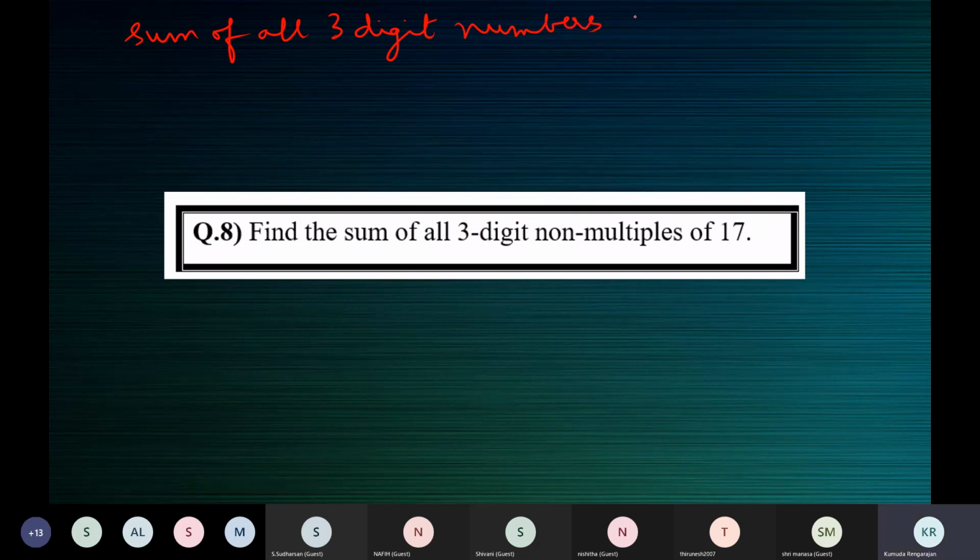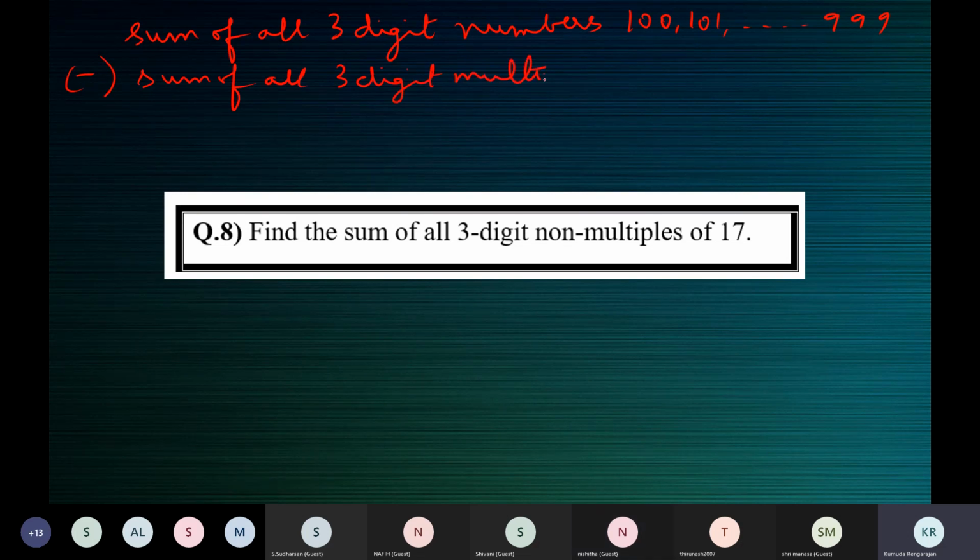To find that sum, you need to generate the AP, and the AP is 100, 101, and so on till 999. Find this sum. From this, you must take away the sum of all 3-digit multiples of 17.